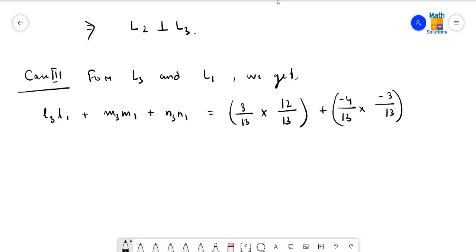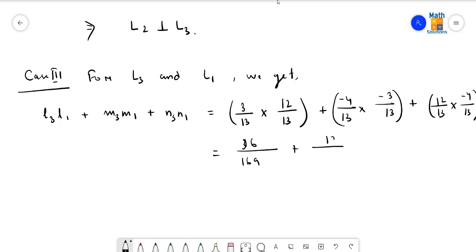Then after we shall be getting again 12 by 13 into minus 4 by 13. So after this we shall get 36 by 169, not minus, it is plus.